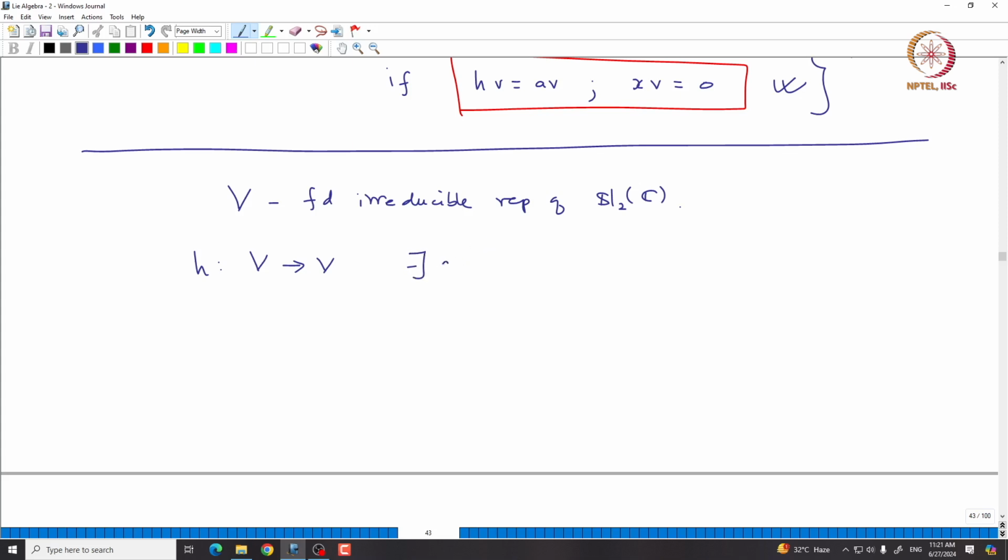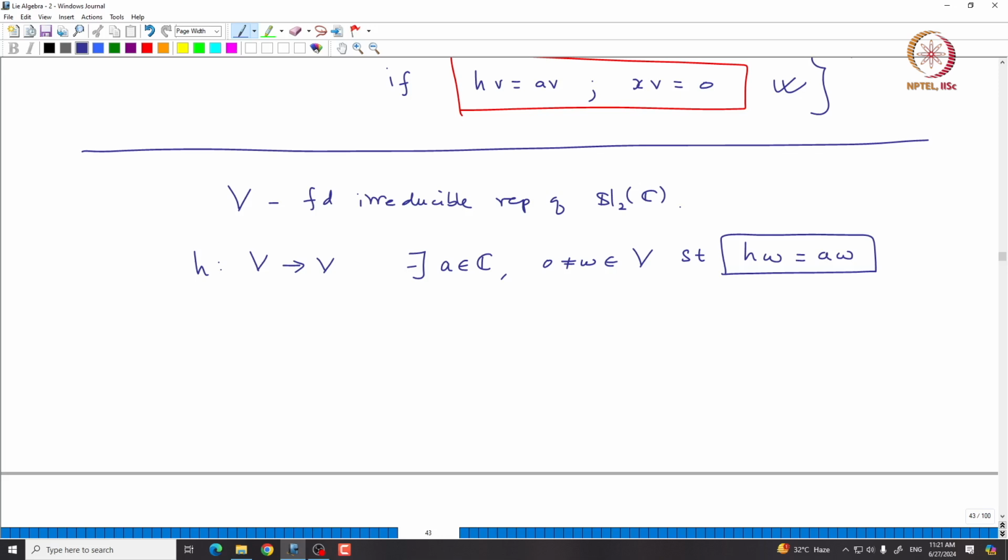So there exists a in C and a non-zero vector w in capital V such that Hw is given by aw. This is true for any operator: there is always some eigenvalue, and some non-zero eigenvector corresponding to that eigenvalue.